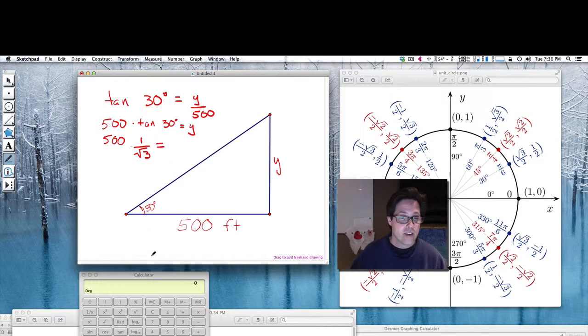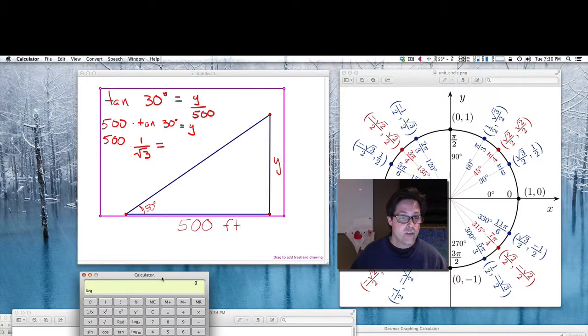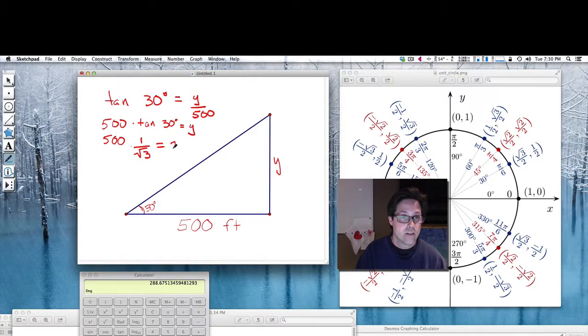And that's still too hard to use, so let me punch it into the calculator. 500 divided by radical 3 equals 288 feet.